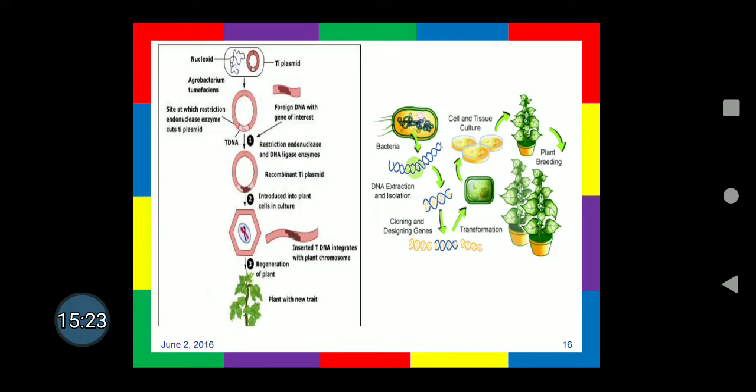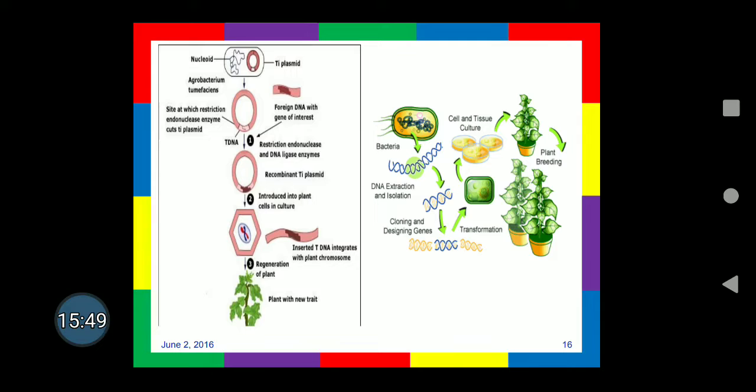Here we can see the Ti plasmid is taken from the Agrobacterium tumefaciens, and by using a restriction enzyme, the Ti plasmid is cut. In the restricted region, the gene of interest or the foreign DNA is inserted to develop the recombinant Ti plasmid.